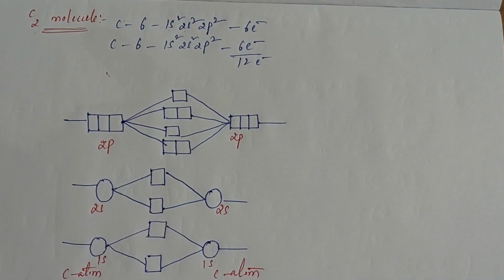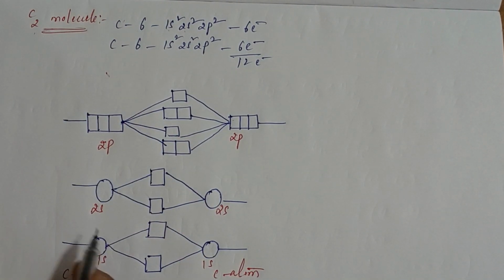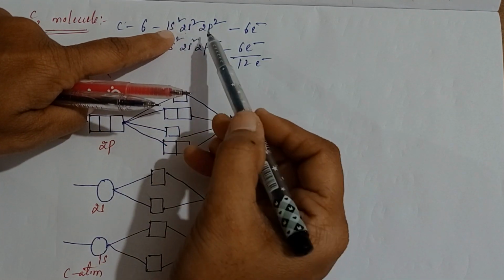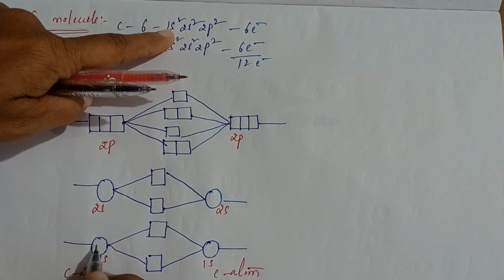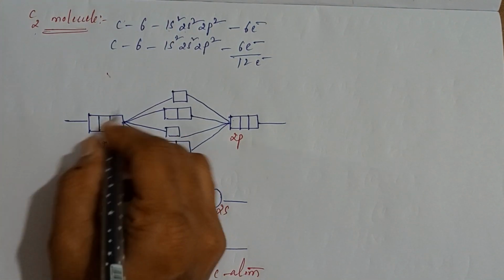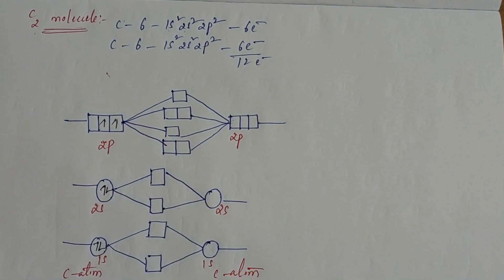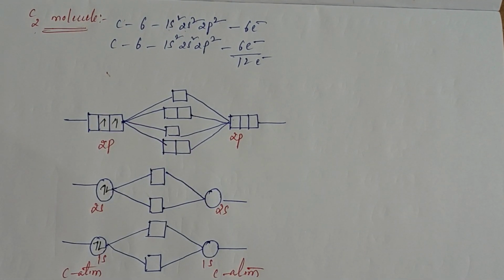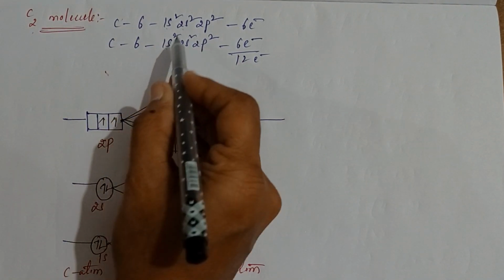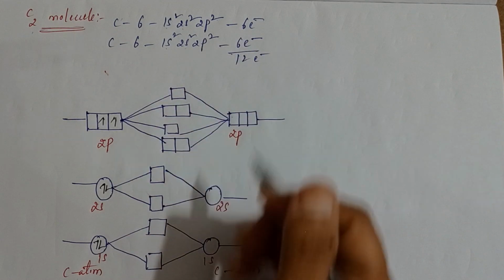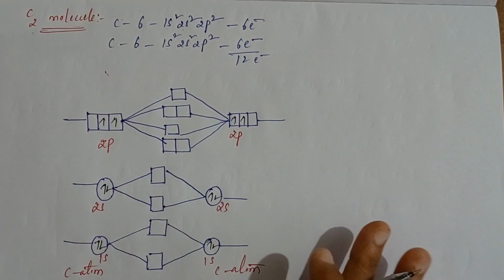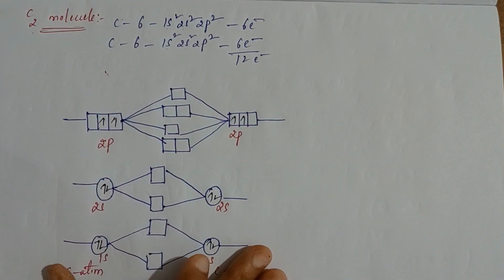Now I'm filling the electrons. In the first carbon atom, 1s has 2 electrons, 2s 2 electrons, 2p also 2 electrons. Another carbon atom also has 1s 2 electrons, 2s 2 electrons, 2p 2 electrons. Clear? So this is about the diagram.